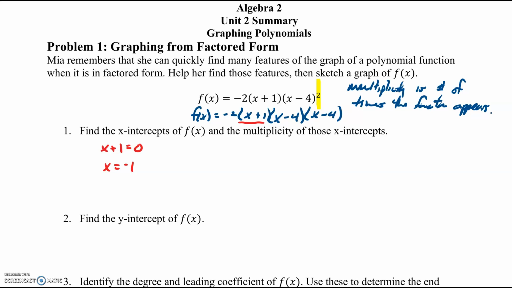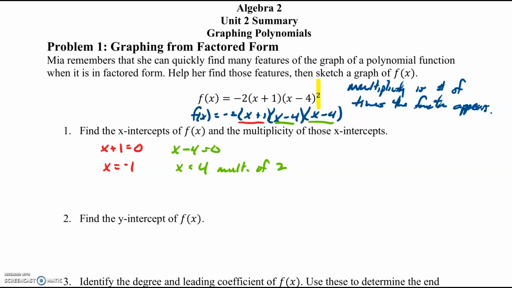Then when we take this next factor, x minus 4, set it equal to 0 and solve, we get an x-intercept of 4, or a 0 of 4. And then notice that that appears twice. So this x equals 4 is going to have a multiplicity of 2.